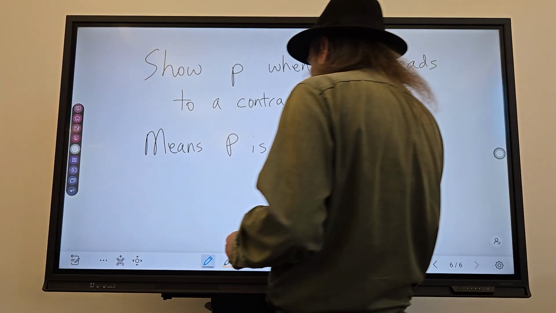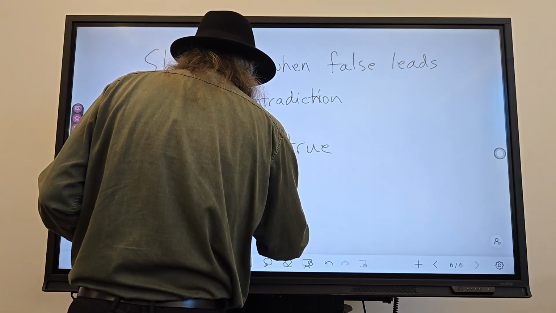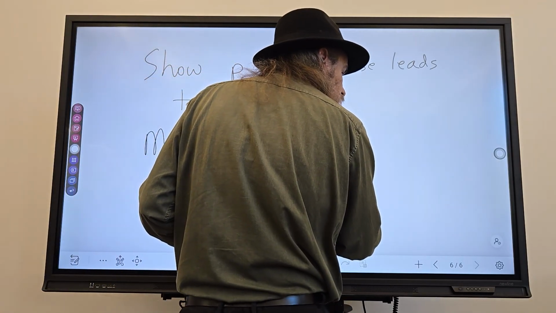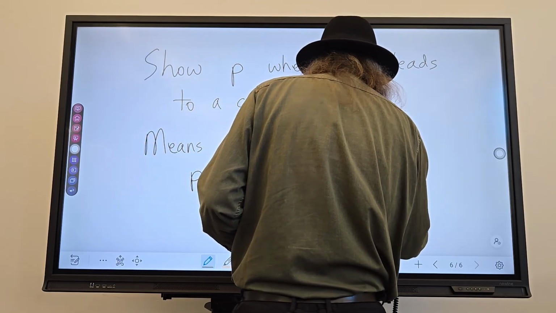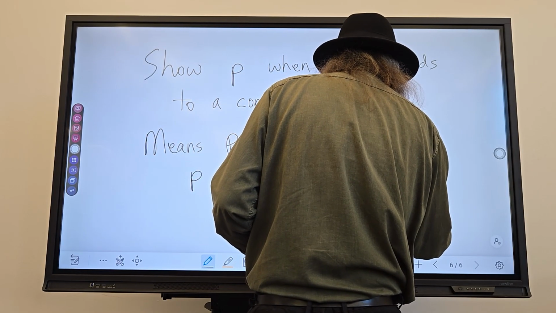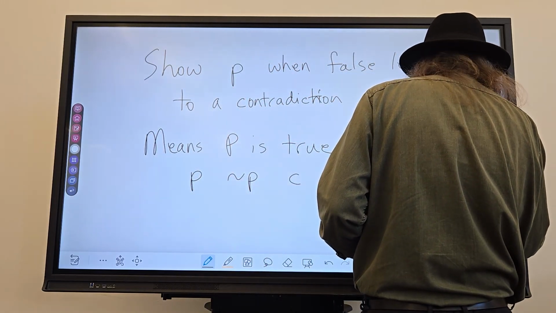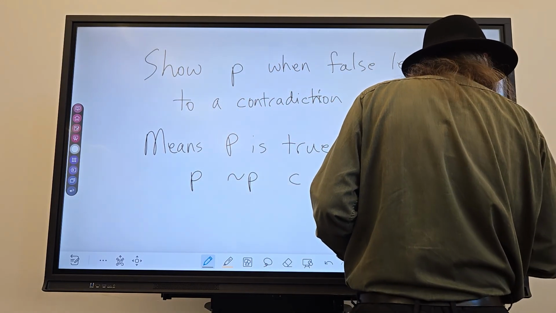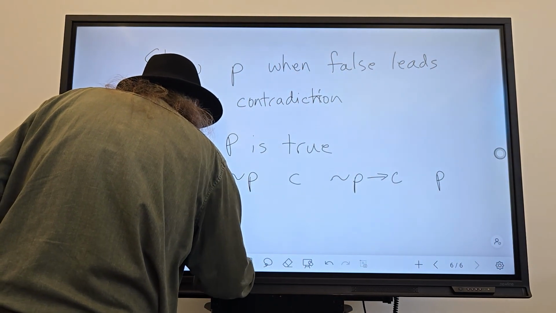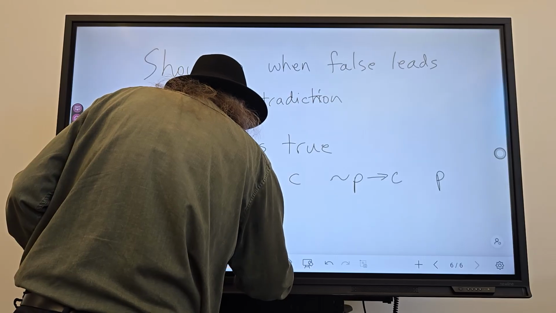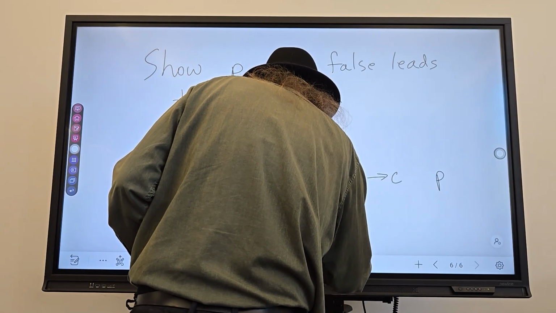If you have P, not P, C, and not P implies C, and P, that's true and false, false and true, false and false.